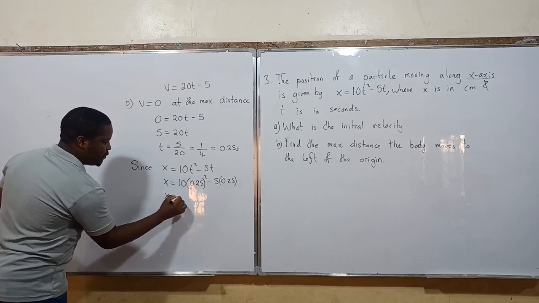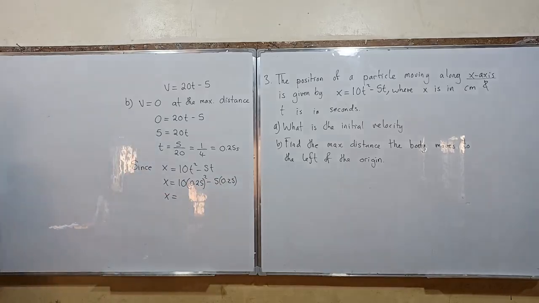So let's calculate the function for distance. What are we getting? We're getting negative 0.625.